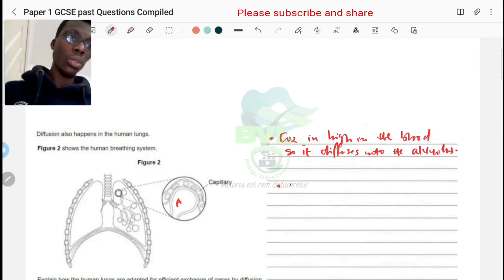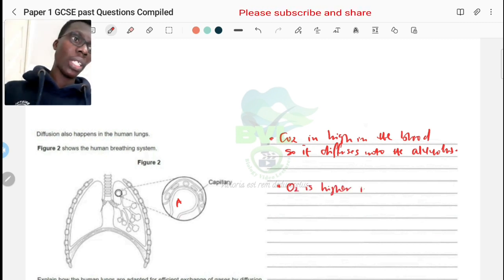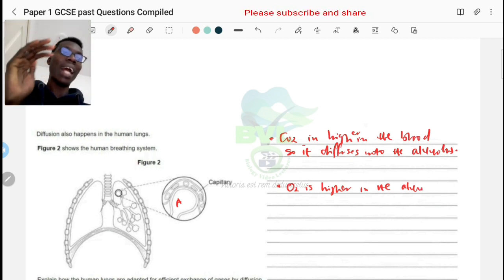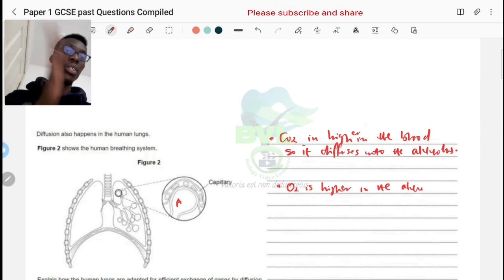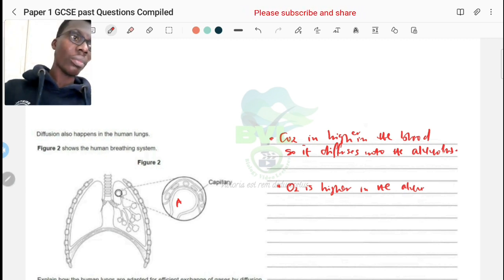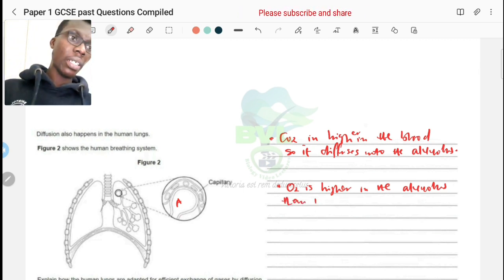Also, oxygen is higher in the alveolus and lesser in the blood. But I don't want to go through all that. You can do that anyway. Let me write that here. Oxygen is higher in the alveolus than it is in the blood.